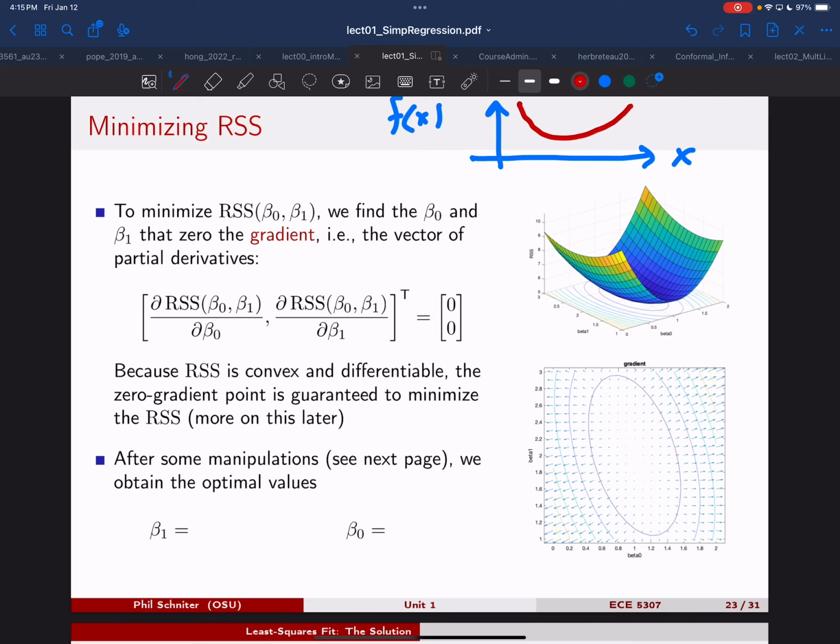I'm going to call the variable beta just to be consistent, so this is f of beta versus beta. Let's say my goal is to minimize this over beta. From the shape of the plot, we can see that it seems to be this point here. I'll call that beta hat, just some special value of beta that minimizes this.